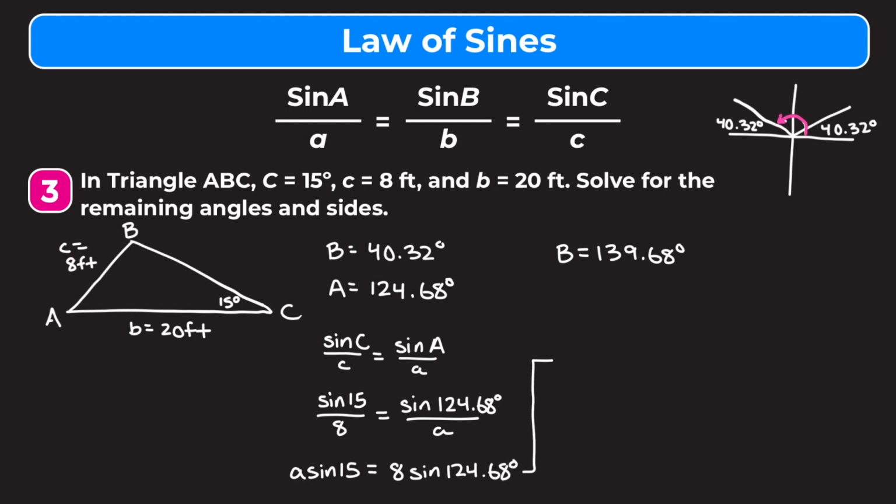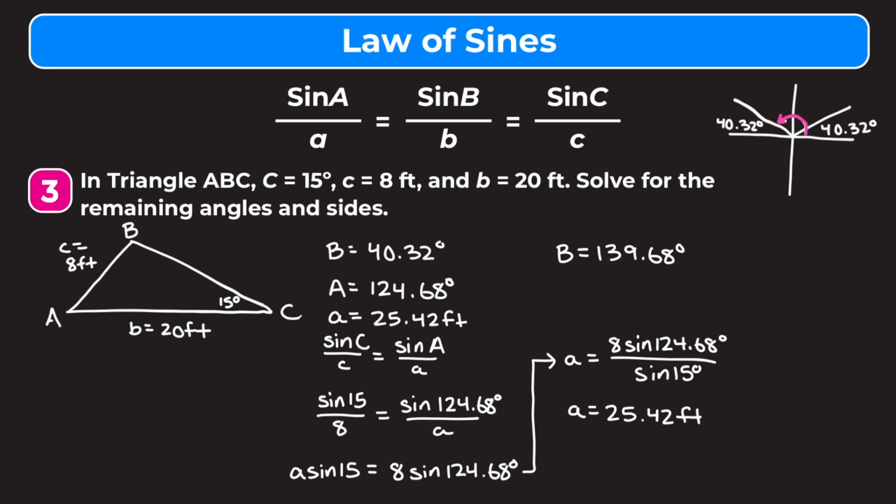Dividing both sides by the sine of 15, side A is equal to 8 times the sine of 124.68 degrees over the sine of 15 degrees. Putting that in our calculator, we should get that side A is about 25.42 feet. So for our first triangle, side A is equal to 25.42 feet.